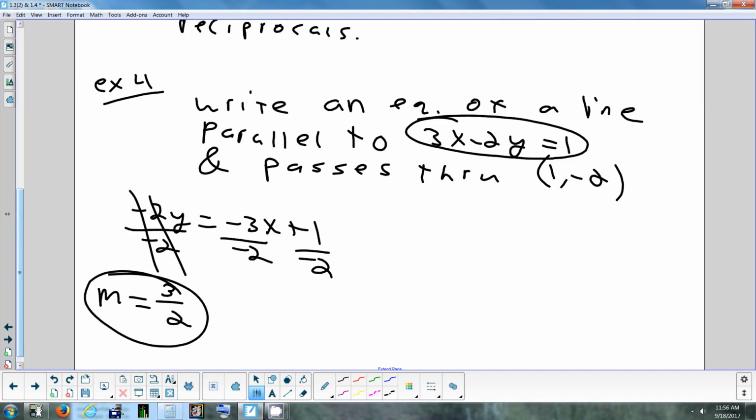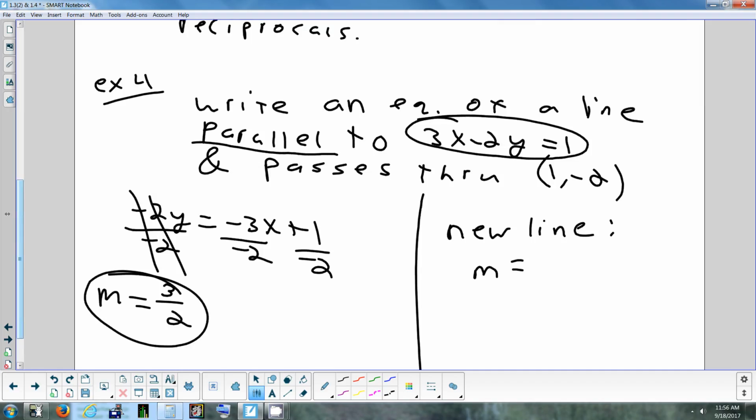Now for my new line, what's the slope going to be of my new line? It's going to be 3 over 2 because we said parallel. So same slope. And what's the coordinate that I said it has to pass through?